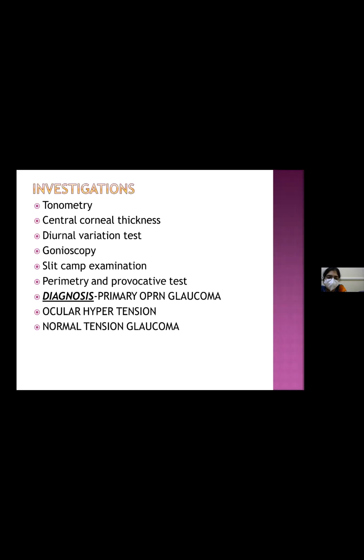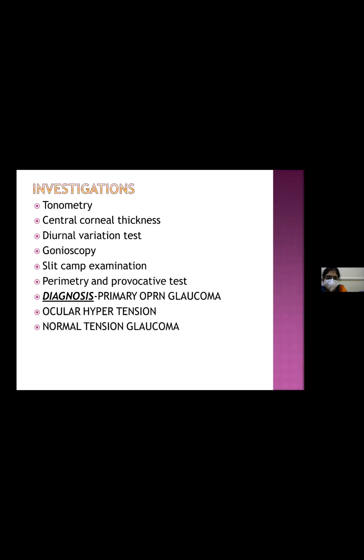Diagnosis for primary open angle glaucoma: it is characterized by raised IOP with a definitive glaucomatous optic disc cupping and visual field defects. Next, ocular hypertension. There is a constant rise of IOP more than 21 mm of Hg with no optic disc and visual field changes.